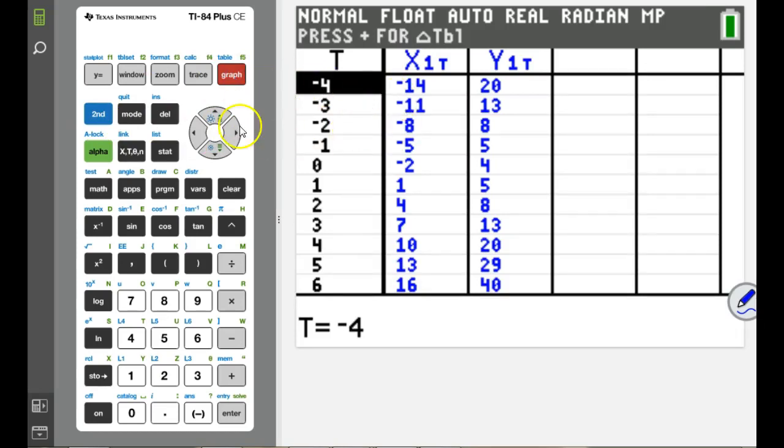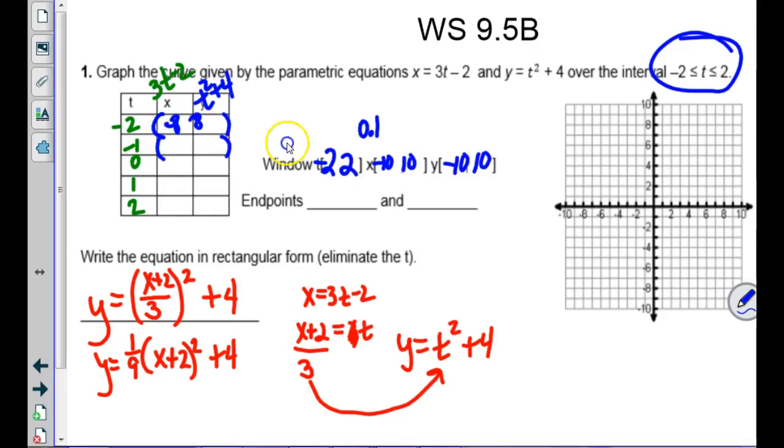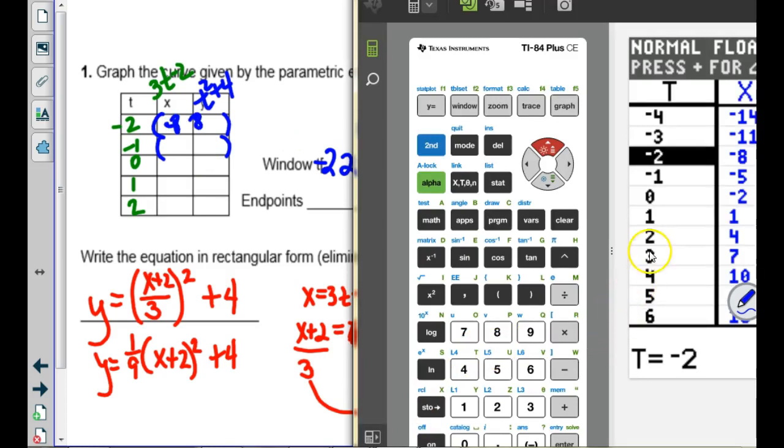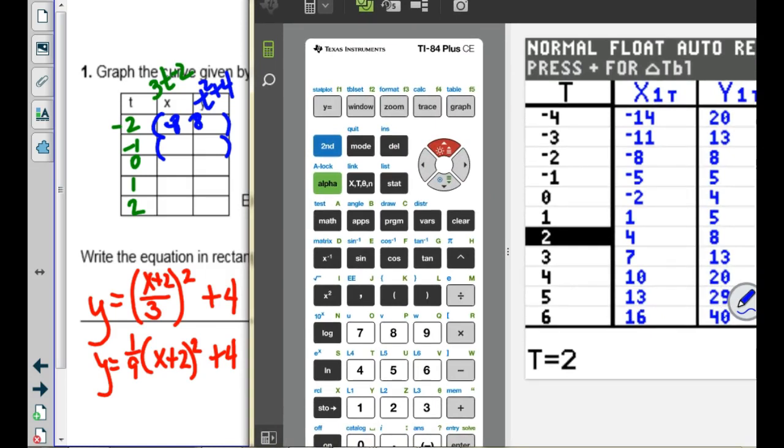Okay. I can look at the table for those values now. Just make sure you start at -2, right? So we had -8, 8. And then it ended, to +2 at 4, 8. I'm just going to do this.